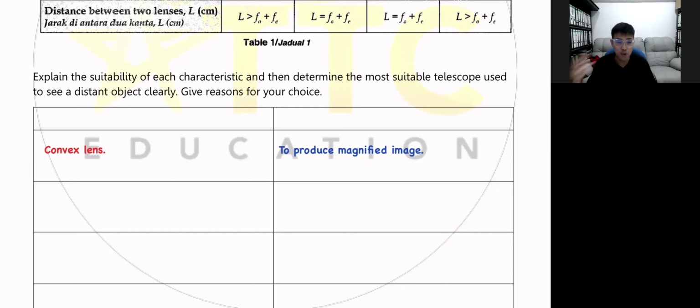If I let you choose between 2 times bigger and 200 times bigger, definitely you will choose the 200 times bigger one. Magnification means how many times it becomes bigger. Yes, we will already be getting a bigger image, but we want it to be even bigger. So that's why the power of the eyepiece lens has to be high.